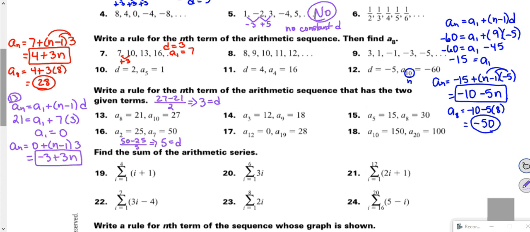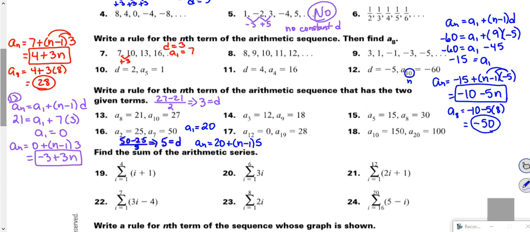If I subtract 5 from 25, I'm going to get 20, right? I should have used a different color. Let me write over this so they don't all bleed together. So 5 equals D, and A1 is going to have to be 20.